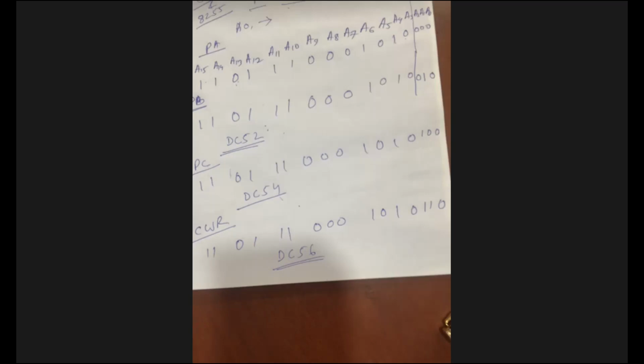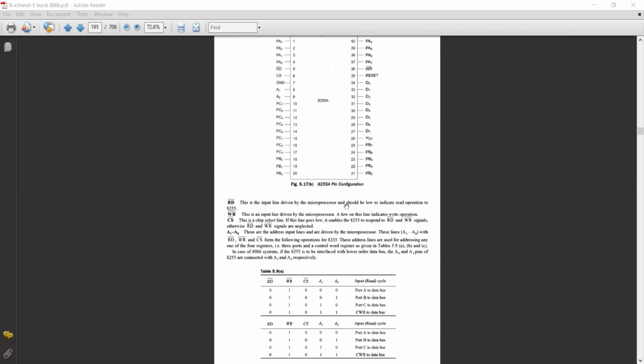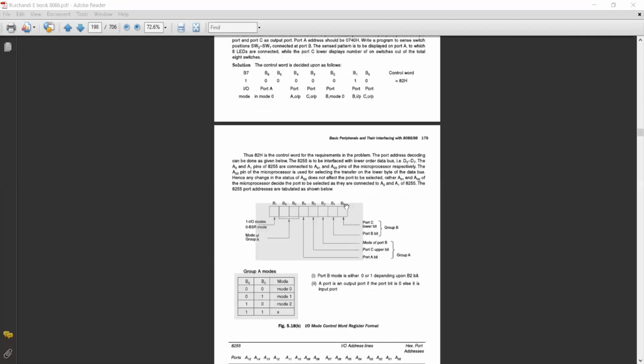Not the serial number, page number 181. Share.